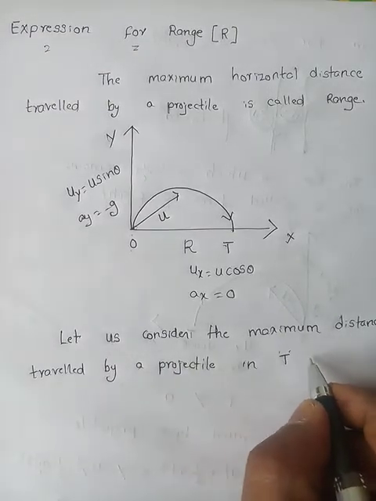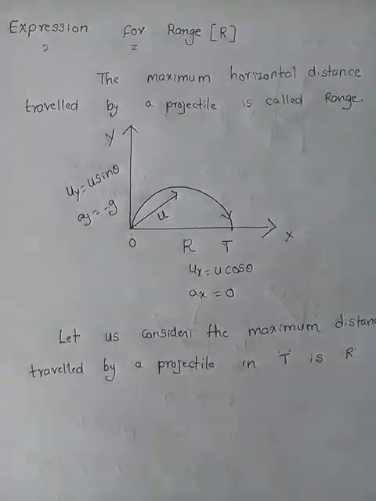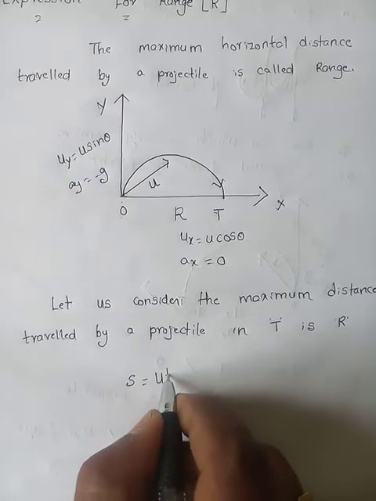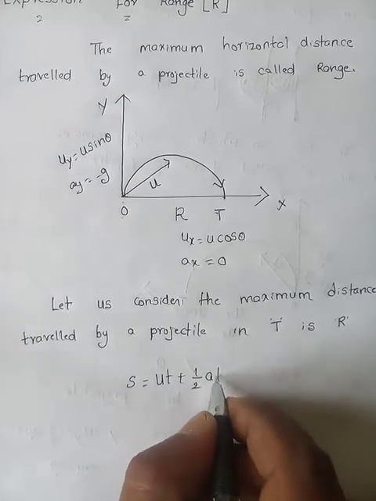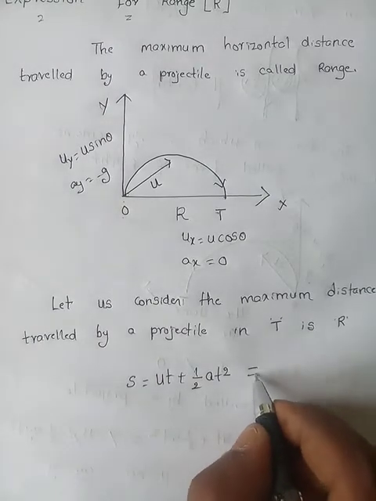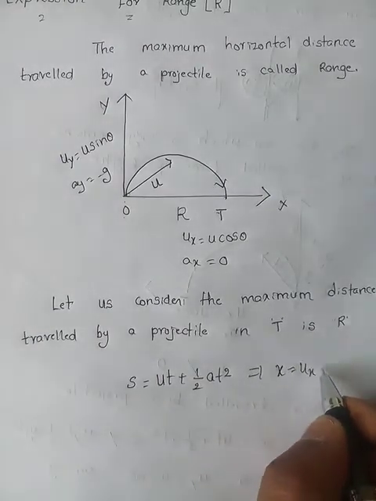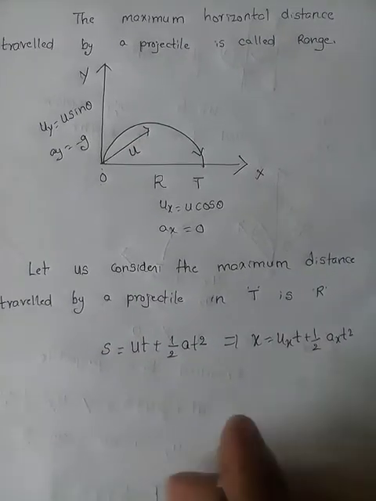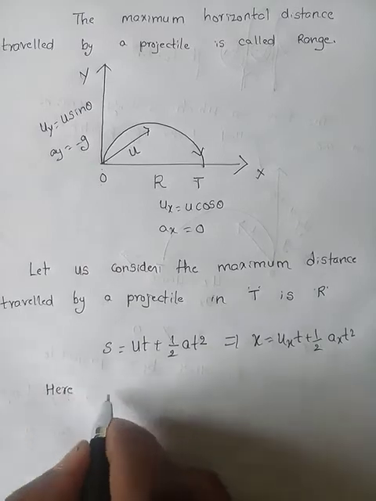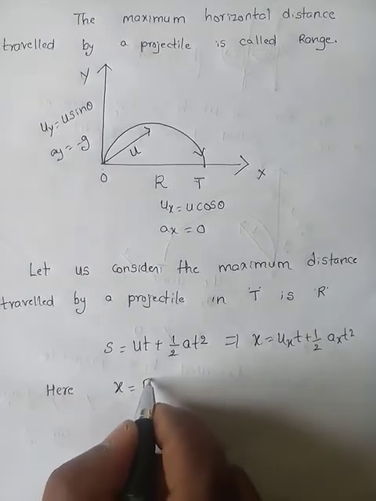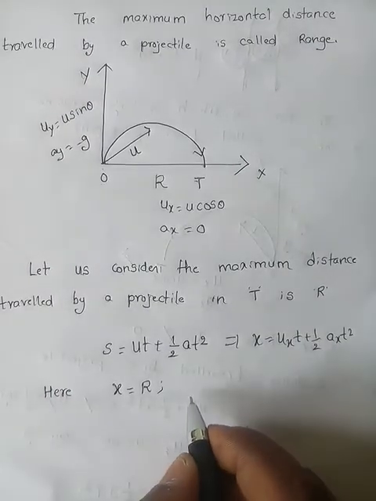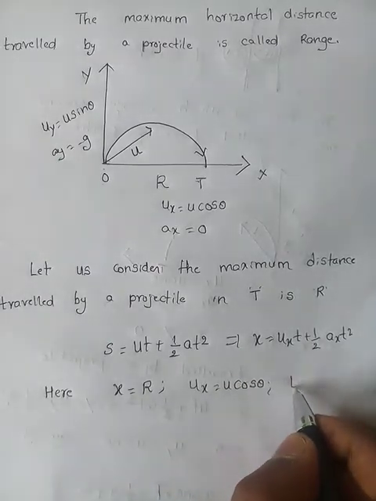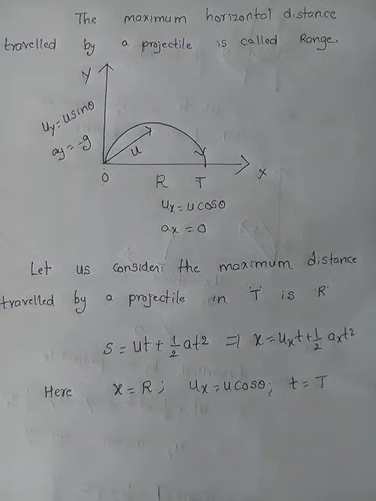We know very well the time of flight is capital T. Then the horizontal distance travelled: S is equal to ut plus half at square, which implies x is equal to ux t plus half ax t square. Here the horizontal distance travelled by the projectile, x, is equal to the range R. Next, ux is equal to u cos theta, small t is equal to capital T and ax is equal to 0.